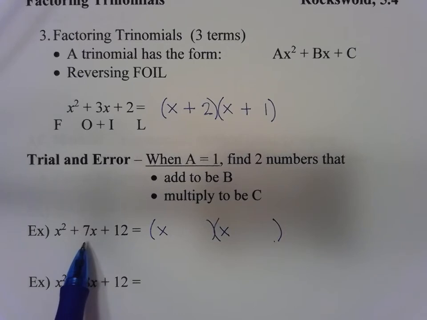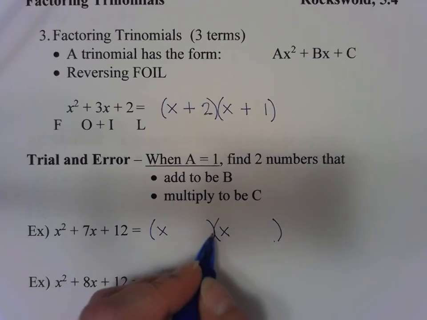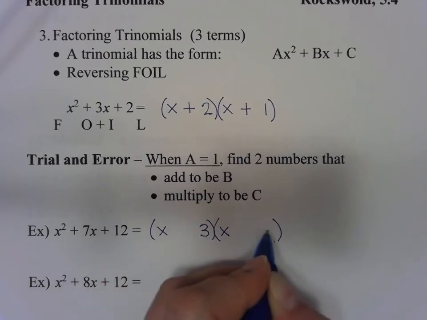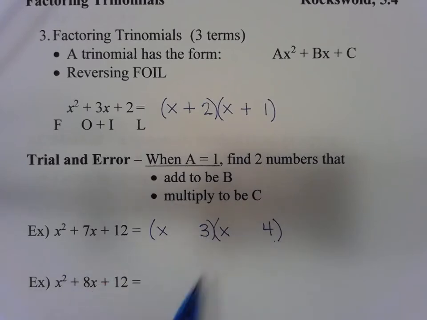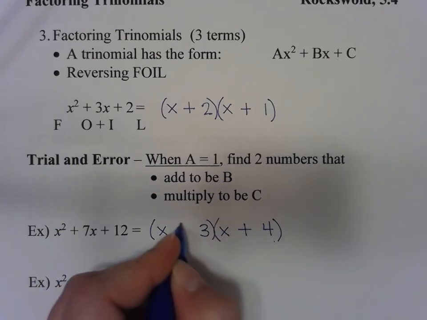You can think of all the possible factors of 12, or factor pairs. I think the one that's going to work is 3 and 4. 3 times 4 is 12, and 3 plus 4 is 7. And I need a positive 7, so I want these to both be positive.